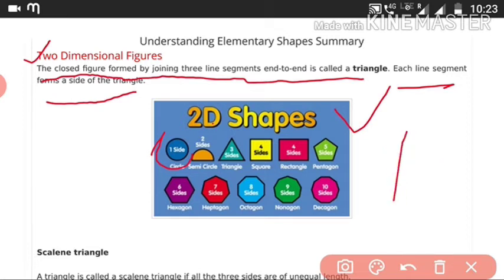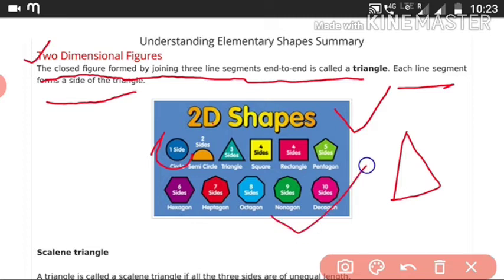Then for a triangle, how many sides are there? Three sides. It is a 2D shape. Now again, square, rectangle, pentagon, hexagon, heptagon, octagon, nonagon, decagon.